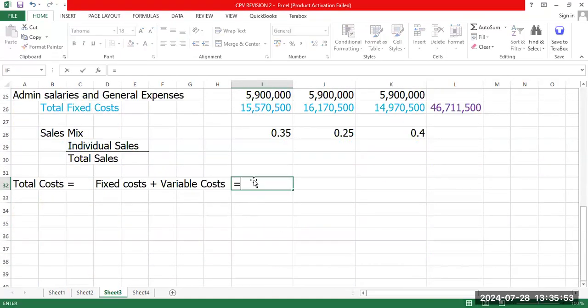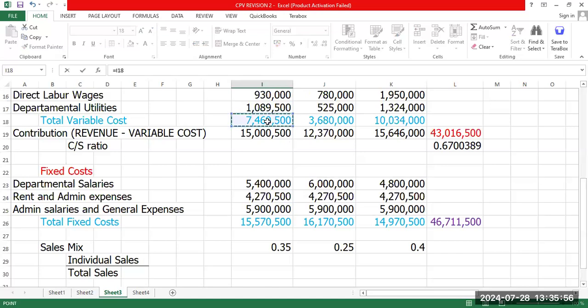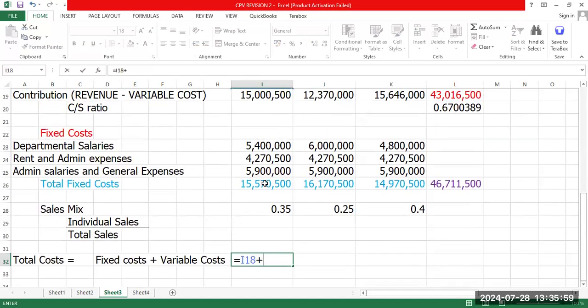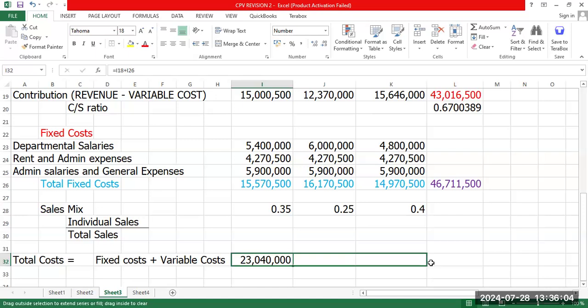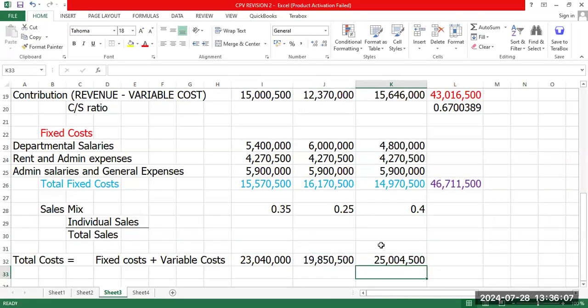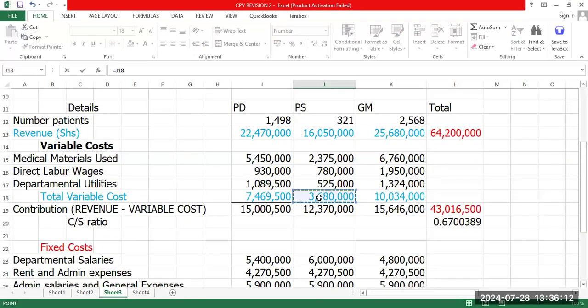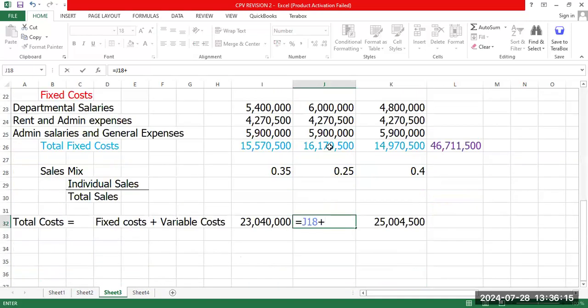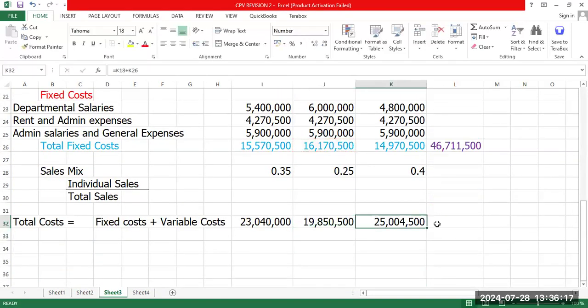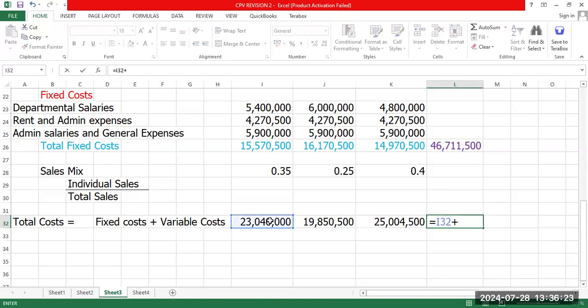You see the good thing is doing this. You get this plus this. You do the same for all. You get this is variable cost, you add fixed cost here. Then what is your total? You get this plus this plus this.